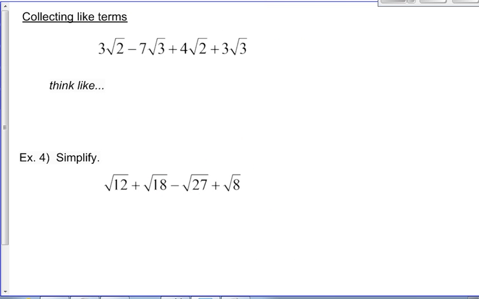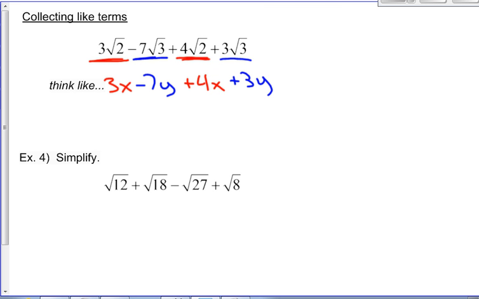Collecting like terms. If I have 3 root 2 minus 7 root 3 plus 4 root 2 plus 3 root 3, think of them as like terms. These root 2's, it's almost as if you're going 3x's plus 4x's. And these root 3's are like terms. They're like your y's. Okay.